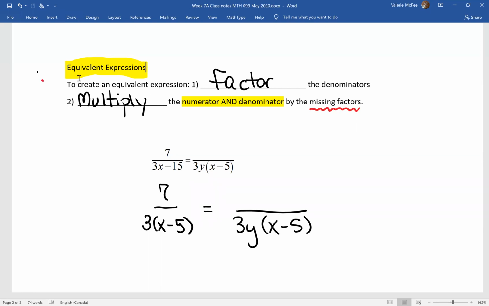Well, what's missing? I don't have y. There's a 3, there's an x minus 5, but there's no y. So I need to multiply the numerator and the denominator by y. My equivalent expression then is 7y over 3y times x minus 5.